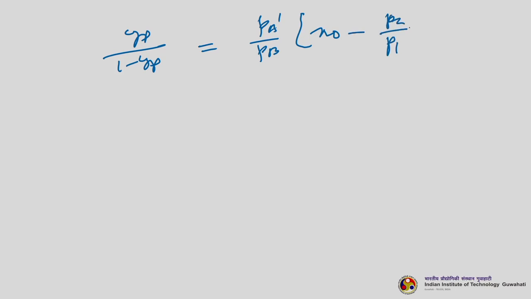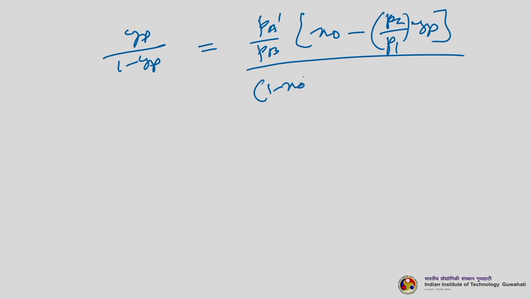So, you can write Yp into (1 minus Yp). Please substitute that equation. It is Pa from the model equation which we have just discussed, Pb, into (x naught minus P2 by P1 into Yp), this whole divided by (1 minus x naught minus P2 by P1 into (1 minus Yp)).